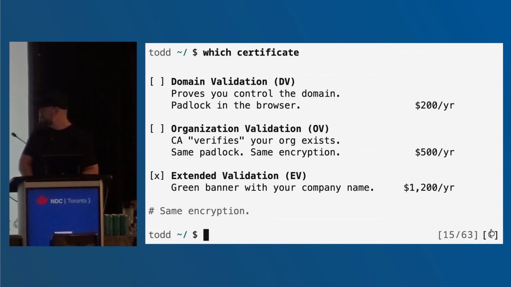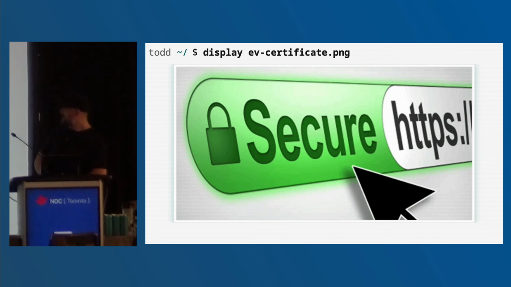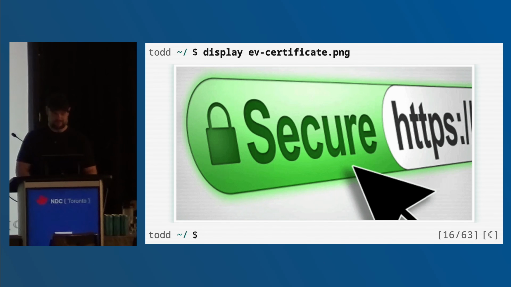And it used to mean that you got a fancy green thing in the URL bar with your company name. Now, you don't get that anymore. But I pulled this graphic off of an SSL reseller yesterday, who apparently still thinks that's important. I'm not sure how they can get away with that.